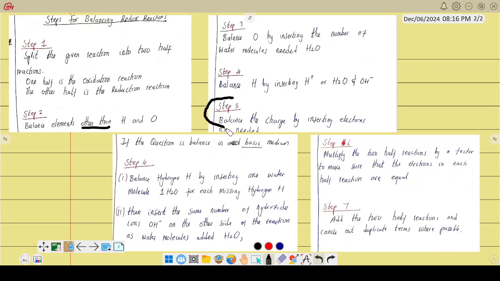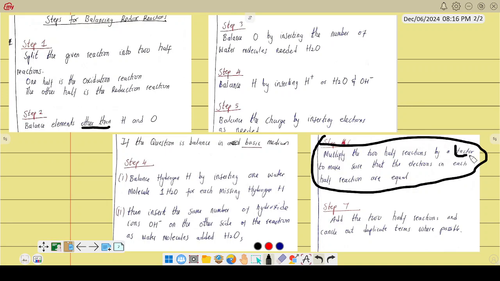Yeah, and then now step 5 here, we balance the charge by putting electrons. Yeah, and then step 6. Okay, so that was our step 5. Step 6 here, we now multiply the 2 half reactions by a factor.